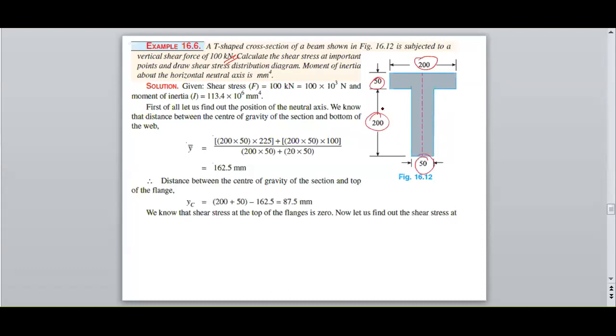Initially I need to find out the global centroid, that is nothing but the y bar from the bottom.